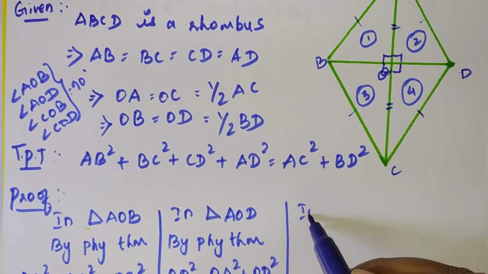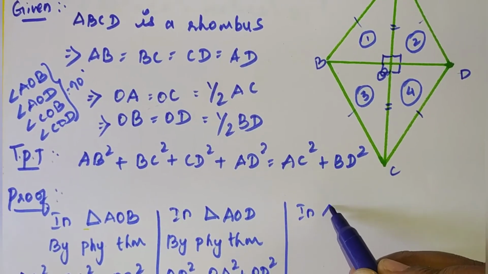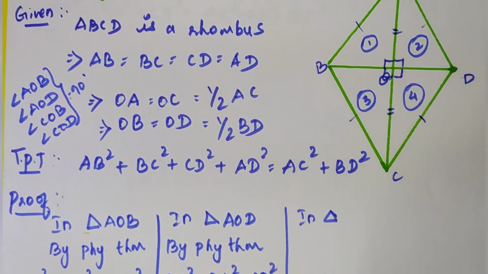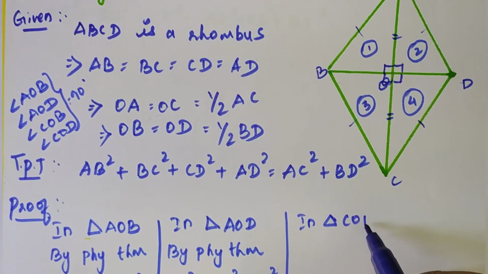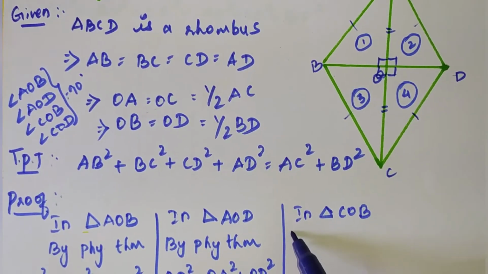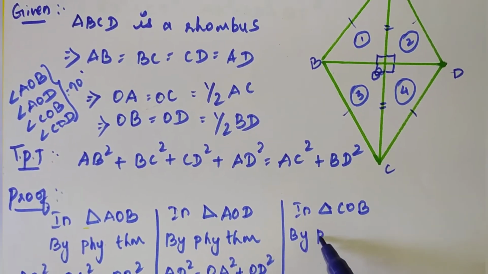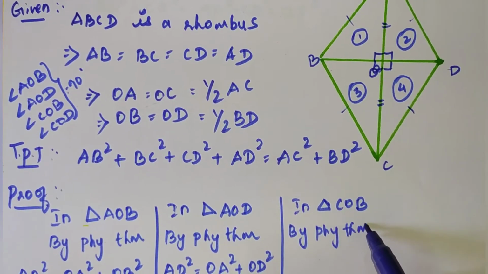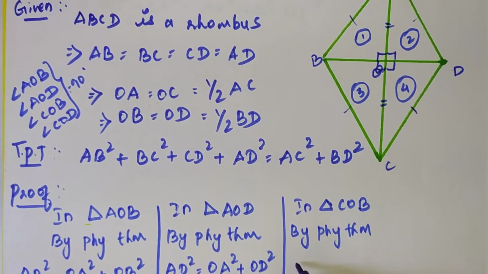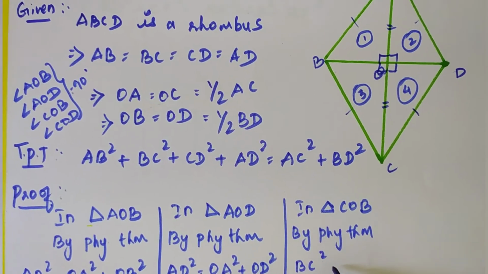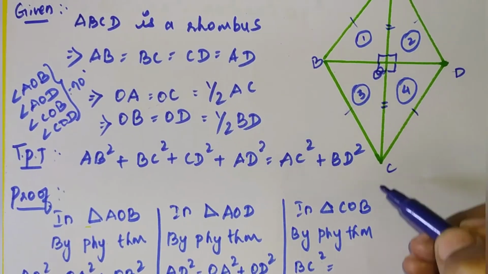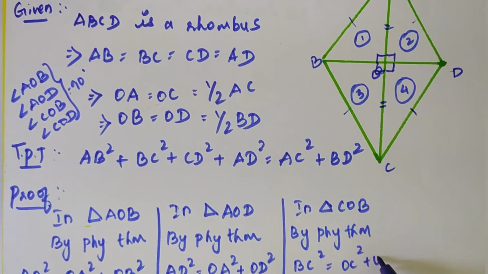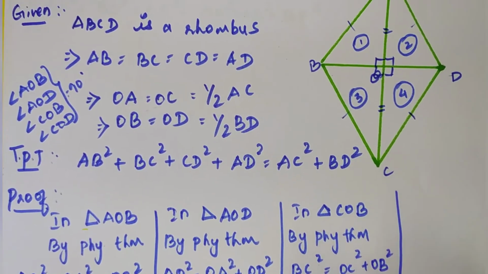And the third one, triangle COB, by Pythagoras theorem, BC square is equal to OC square plus OB square.